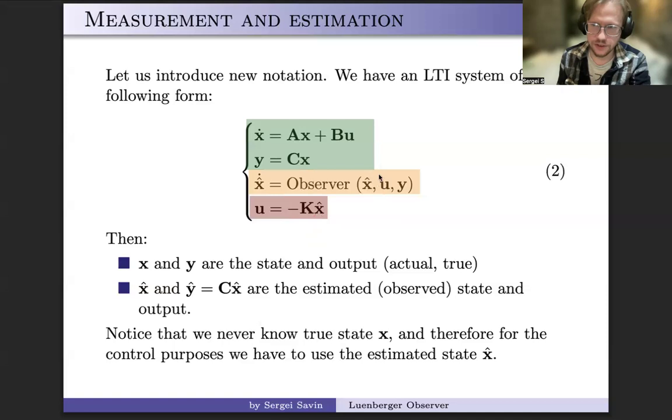Our observer is some kind of differential equation which uses as an input y, which is always available. We assume that y is our measurements. The fact that they're always available is not necessary.